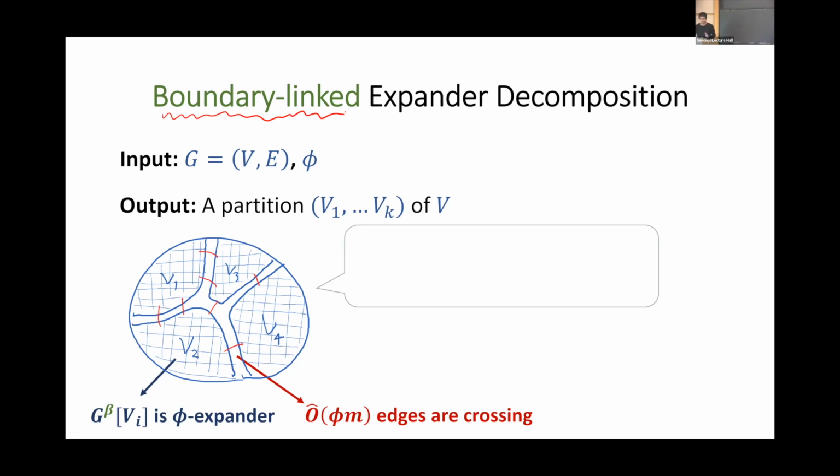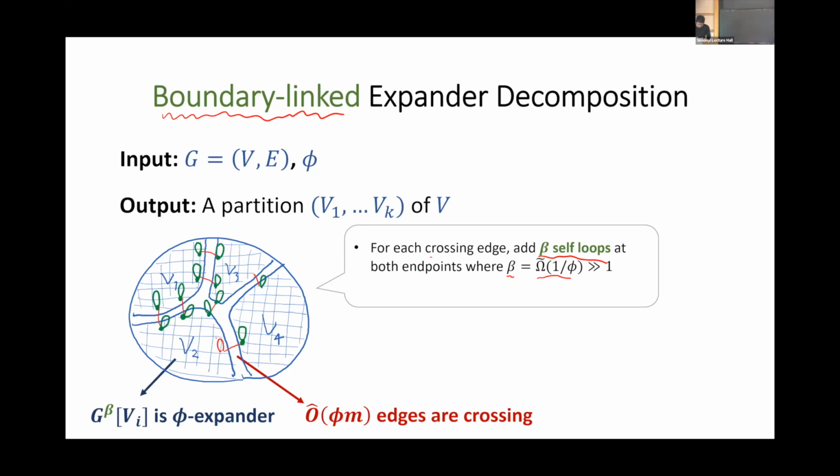Well, it's the same thing, except that imagine for each crossing edge, you add some more self-loops on the endpoints. Let's say beta self-loops, where beta is much larger than 1/phi, which is much larger than 1.